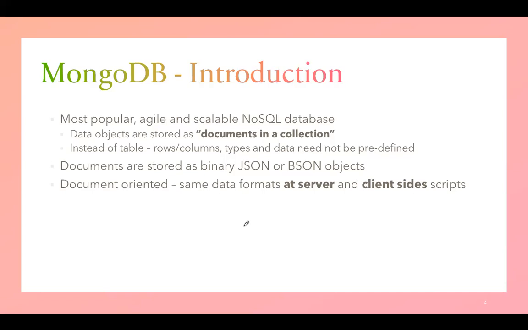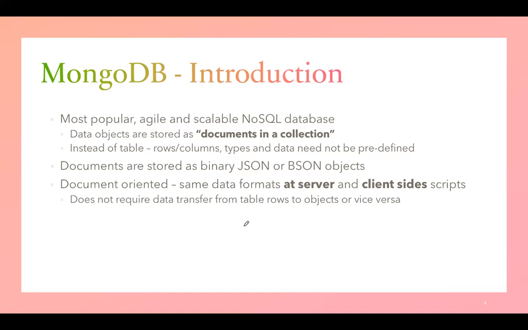Document oriented, same data format at the server and client side. Because like I mentioned, JavaScript is the native language. You can use JavaScript as a native language on the Mongo shell, right?